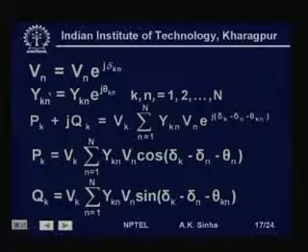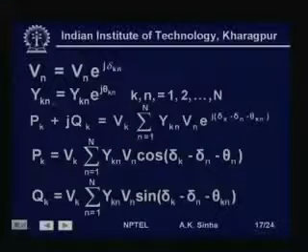And y k n, the admittance, is equal to the magnitude y k n into e to the power j theta k n, where theta k n is the angle of the impedance. We have the impedance written as r plus j x, and the admittance will be 1 by r plus j x, which we can write as g minus j b.